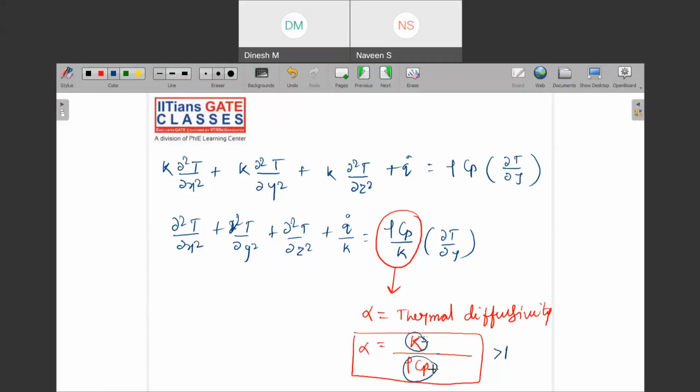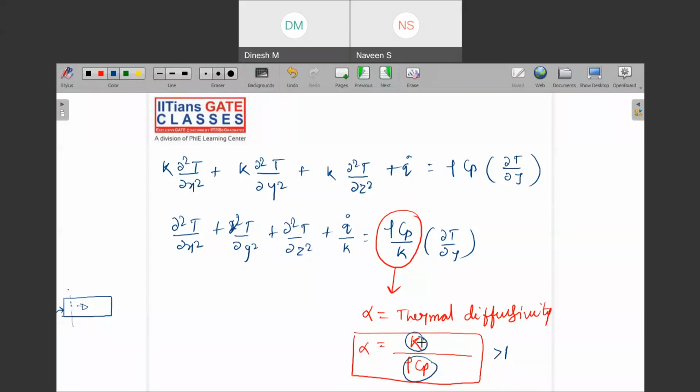What happens is that this heat passes to the next. Storage capacity is decided by rho cp, and the conducting capacity is decided by k. So if this ratio is greater than 1, then I am indirectly telling that my ability to diffuse the heat is more.